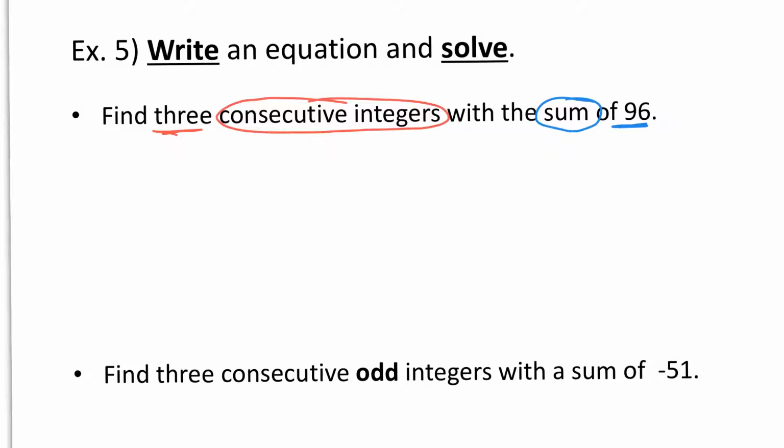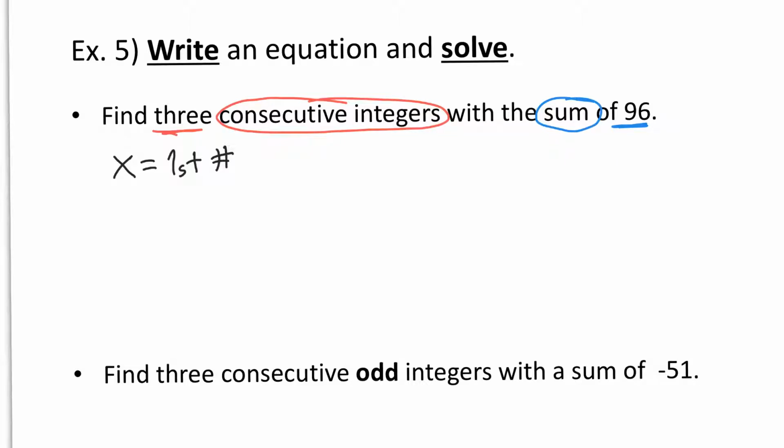So how do you actually write an equation? Think about the variables. A variable is a number that we don't know what it is, but we know it has a value. Right now, I don't even have an idea what numbers add up to 96. So I'm going to say x is my first number.